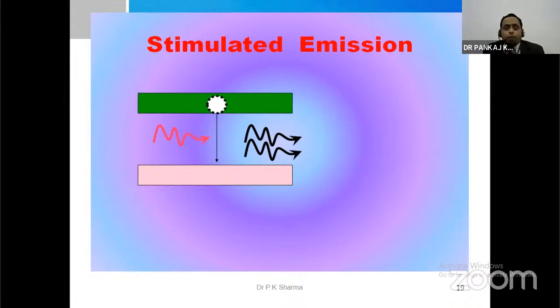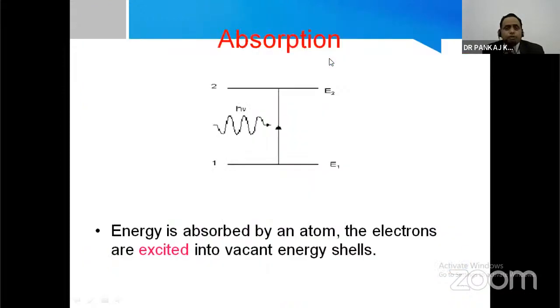This is a very important phenomenon for the laser. So laser works on the principle of stimulated emission of radiation. If you see the absorption phenomenon, there are two states, E1 and E2, with energy gap E2 minus E1, and the photon is absorbed by the atom, the excited atom goes to the upper energy level, and this phenomenon is known as absorption.